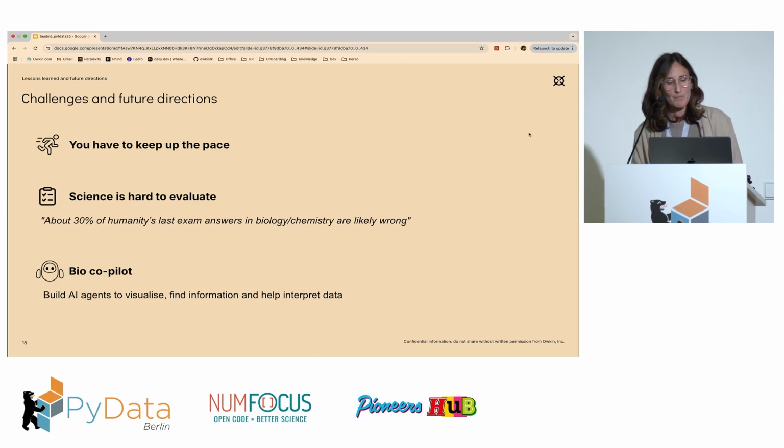And something that has been highlighted recently is, I don't know if you know Humanity's Last Exam, which is a benchmark on which all the most famous models are benchmarking. In the biology, life science part of Humanity's Last Exam, they found that almost 30% of the Q&A were probably wrong because of non-consensus on some questions, and sometimes the answer was not detailed enough to really make a decision on it.